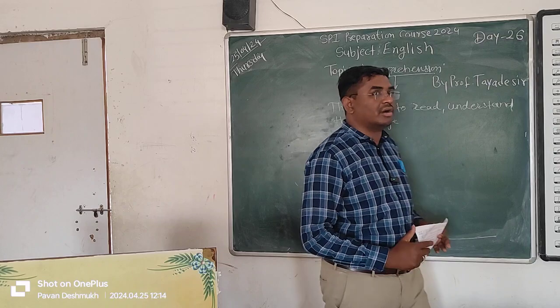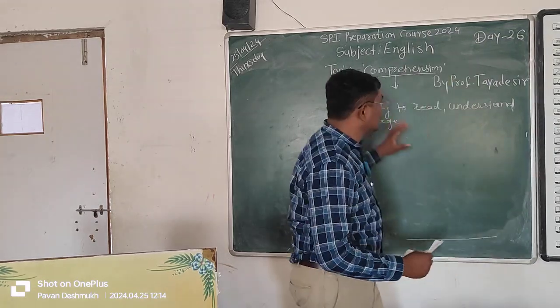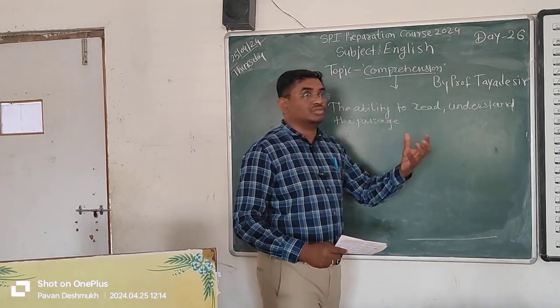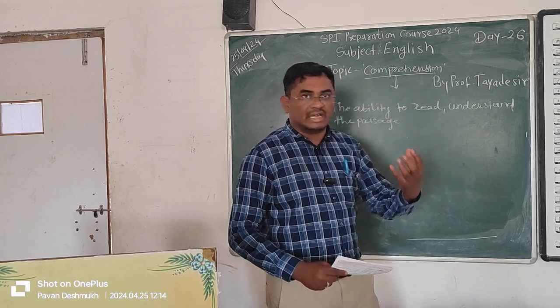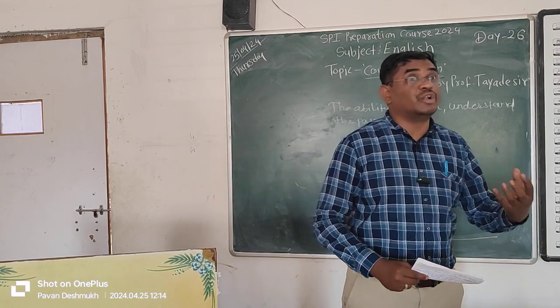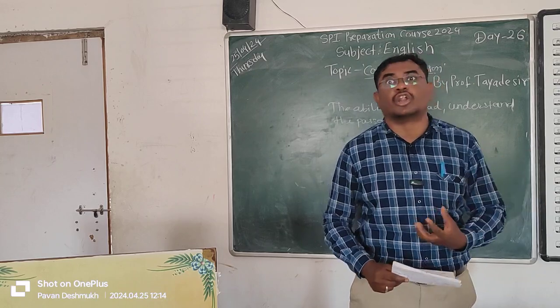This is the proper meaning of comprehension: the ability of that student, whether the child, whether the pupil, whether the student is able to read out that language or not.